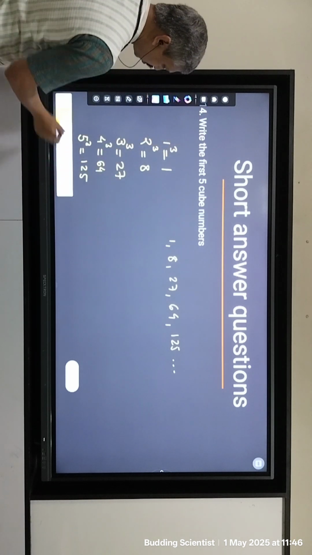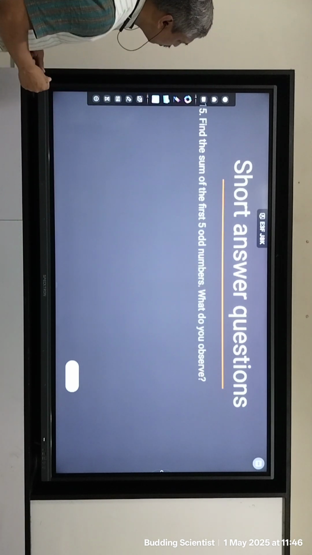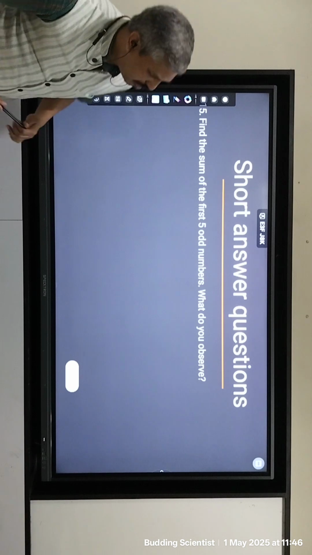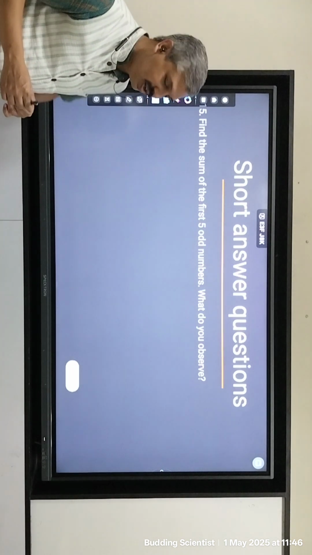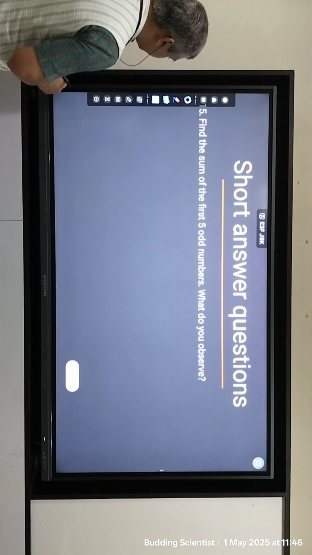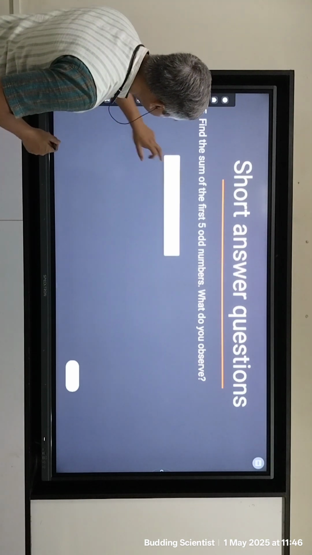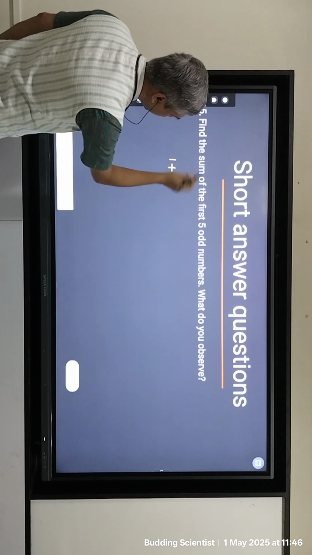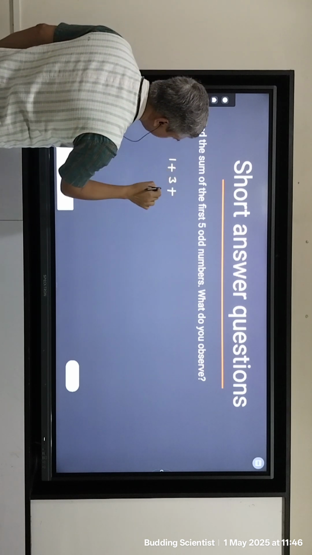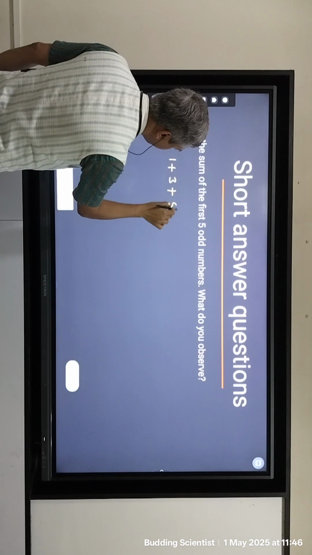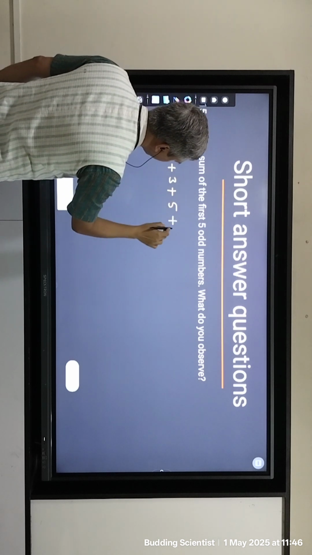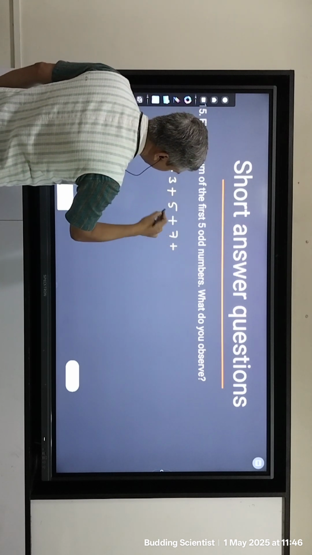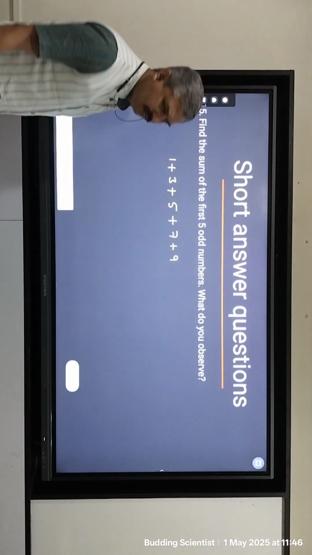Okay, next question. Find the sum of the first 5 odd numbers. What do you observe? This is very interesting. So we find the sum of first 5 odd numbers. What is the first odd number? 1 plus second odd number is 3 plus third odd number is 5 plus fourth odd number is 7 and the fifth odd number is 9.